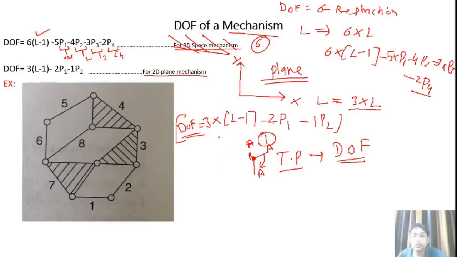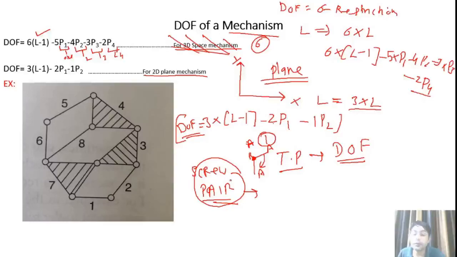Now consider a screw pair. What is the degree of freedom of a screw pair? My dear, degree of freedom 1 means the desired output is 1 constrained motion. Go to the definition of constrained motion: only 1 motion is obtained and it does not depend upon the direction of force applied.